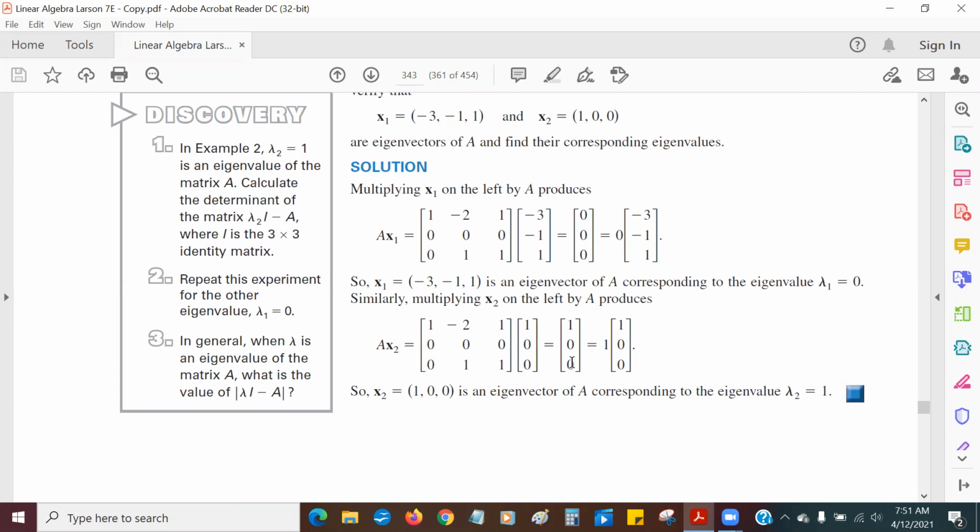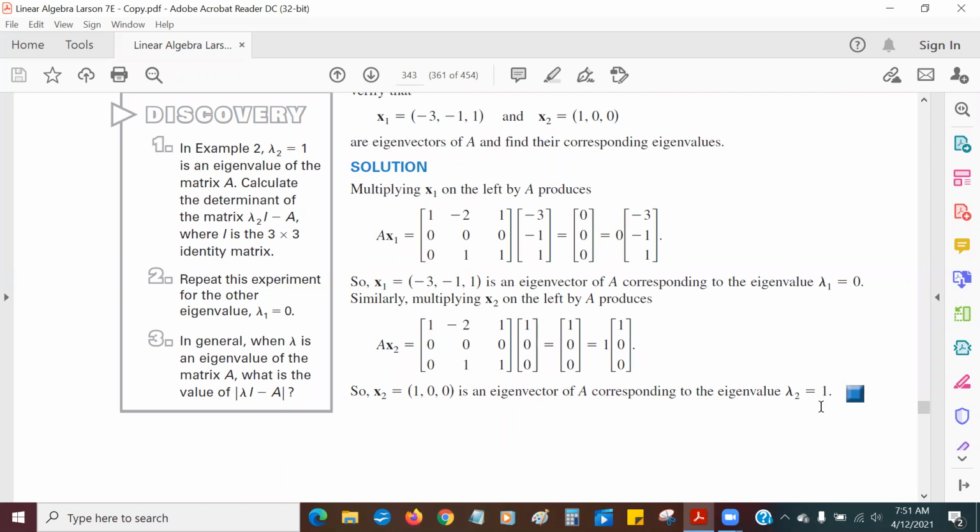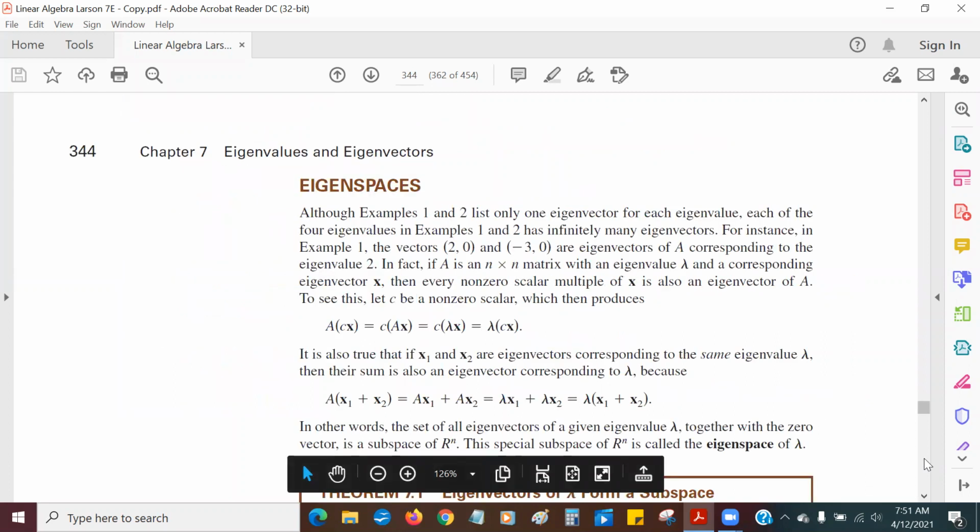This actually is my original vector x sub 2, so I'm just pulling out a 1, so to speak. So my eigenvector is 1, 0, 0, and the corresponding eigenvalue is 1. So x2 is the eigenvector corresponding to the eigenvalue lambda 2 equals 1, and that is the way that goes.